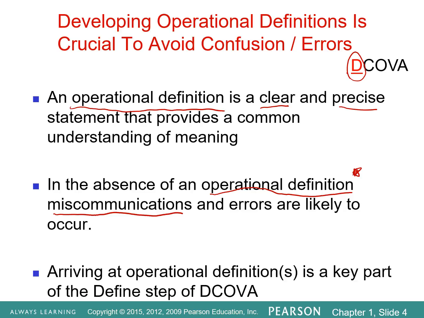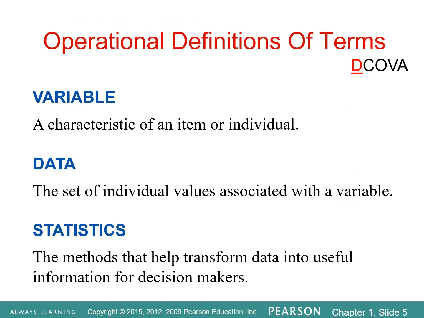It actually affected their funding because it wasn't correct. So arriving at our operational definition is a key step in this DCOVA. And we're going to be discussing the D, the data part, and the collecting part in chapter 1.